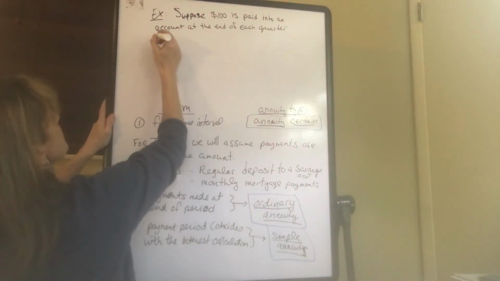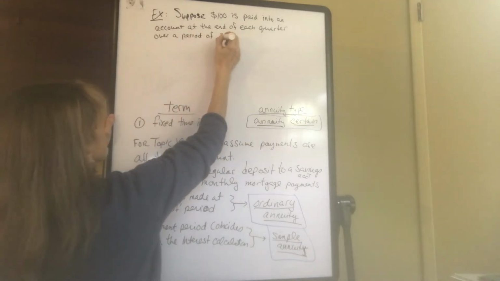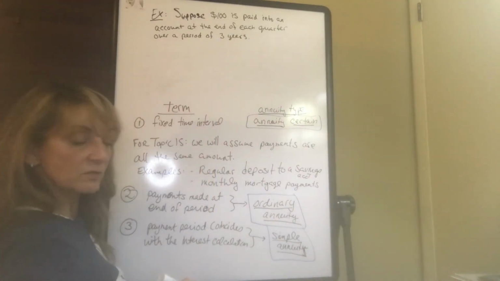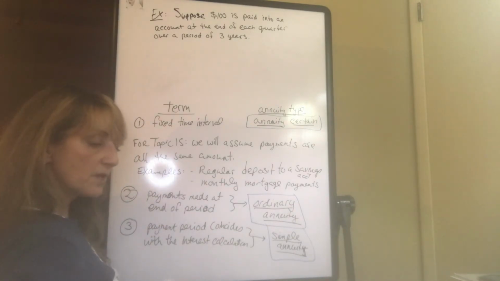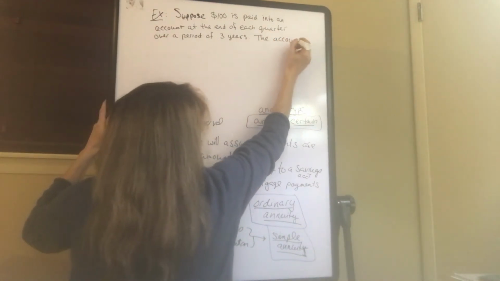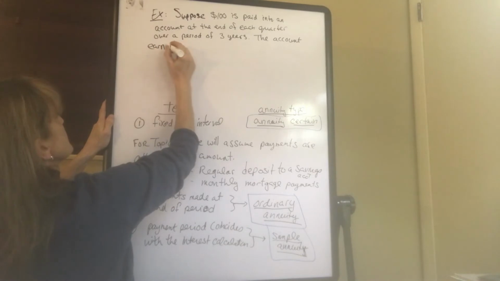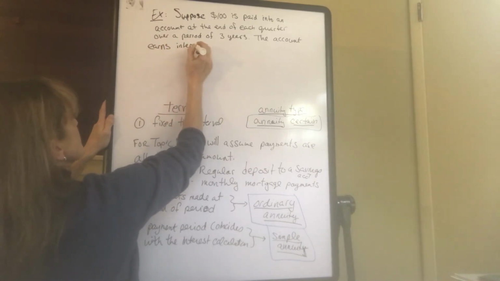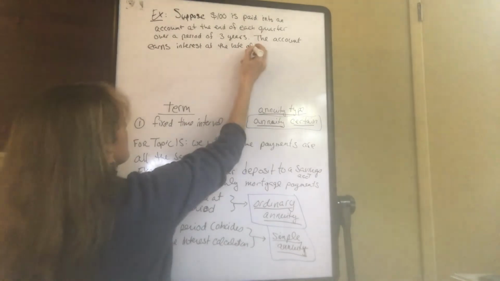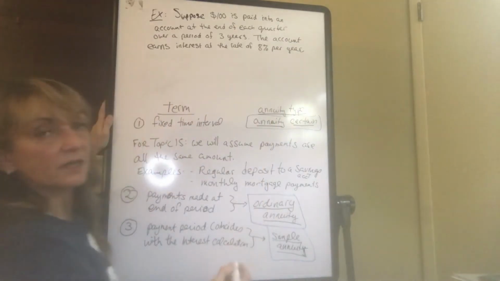The account earns interest at the rate of 8% per year, compounded quarterly. So that's right here, compounded quarterly.